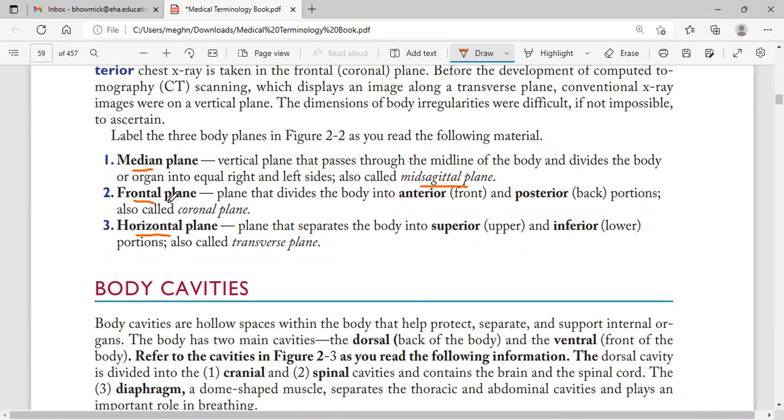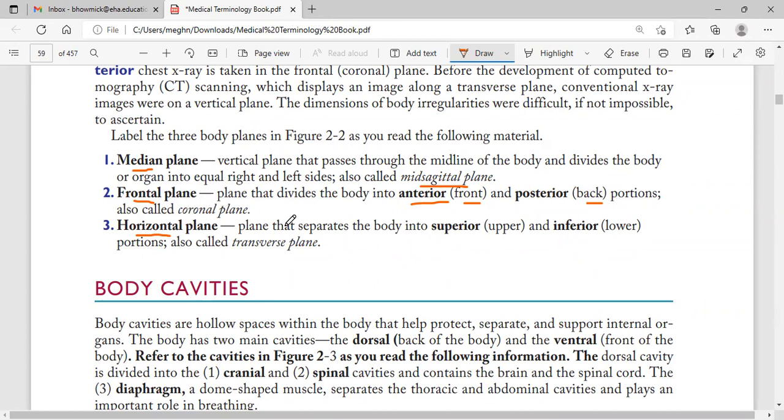And the frontal plane divides the body into anterior, which is called front, and posterior, which is called back, right? So the frontal plane we also call the coronal plane.